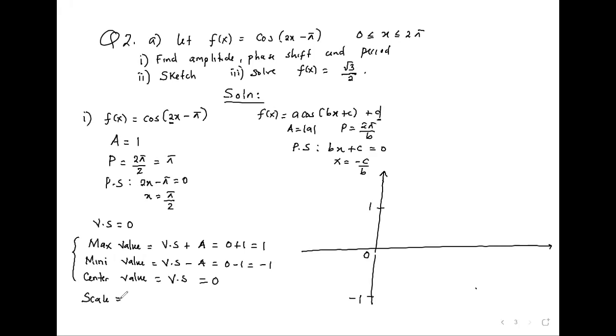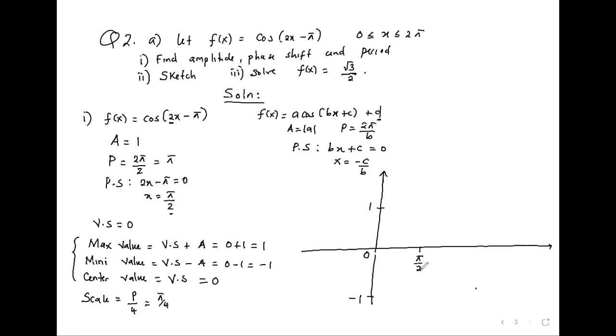Then the scale, you divide the period by 4. So we get pi over 4. That's our scale. So meaning we go to the first shift, which is pi over 2, and start adding pi over 4.